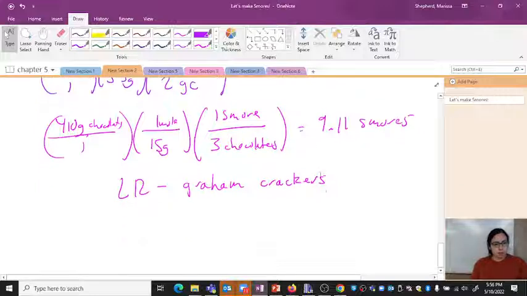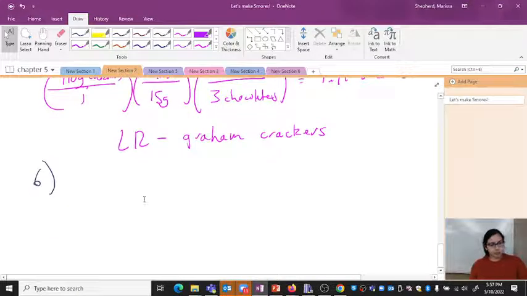All right, pretty good. And then kind of the last type of problem, we'll do this. And so this could be worded a couple of different ways. Either the problem could make you figure out the theoretical yield.